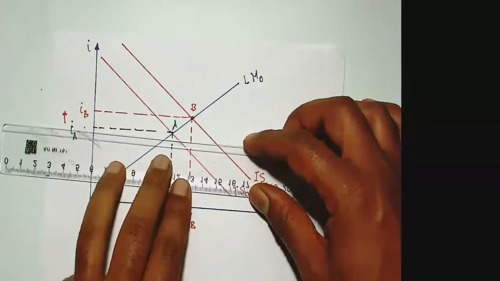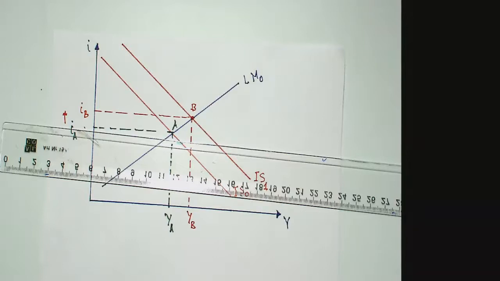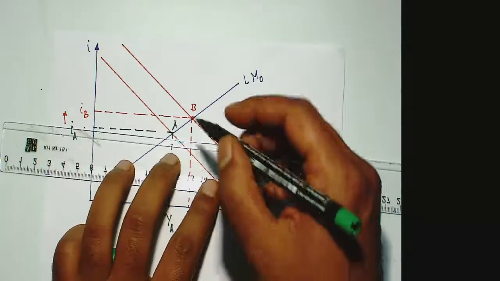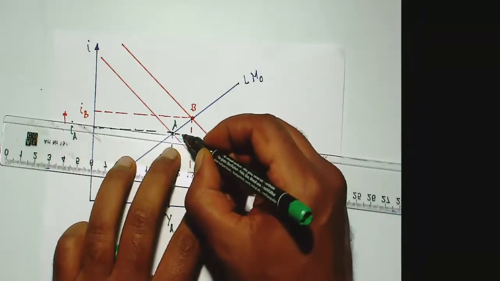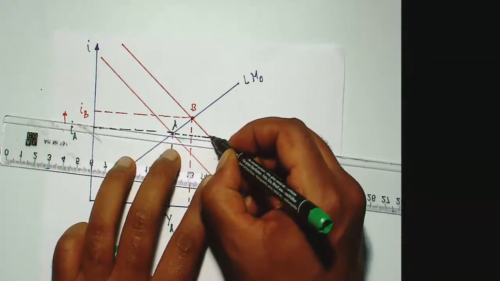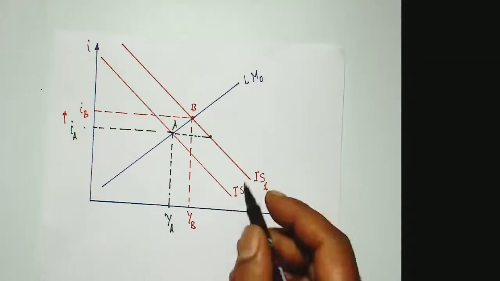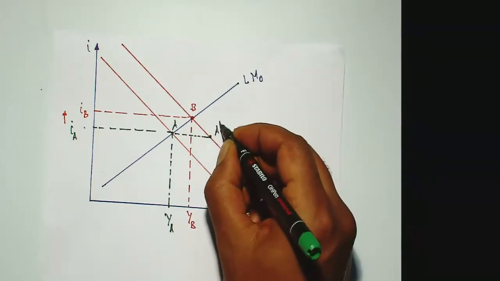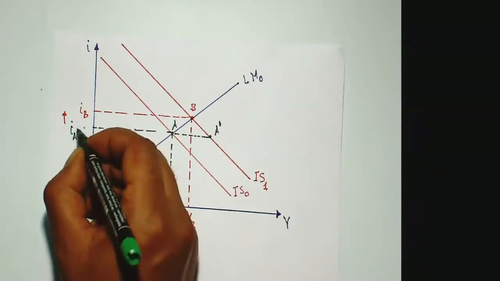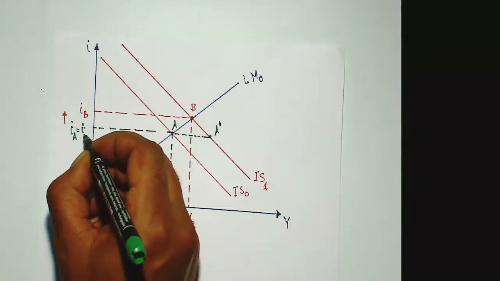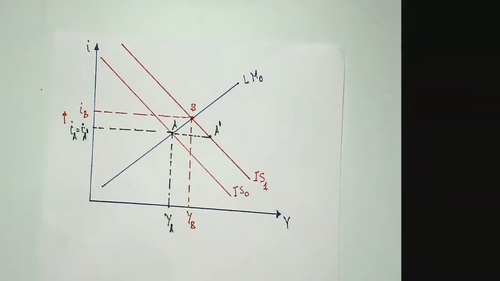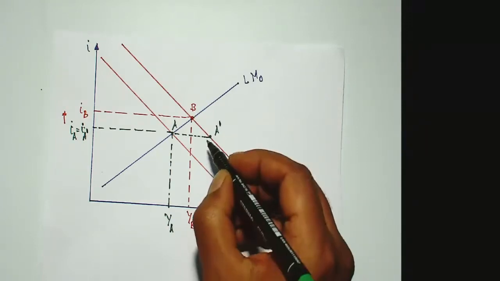To explain that, let's just keep the interest rate at point A. If we had fixed the interest rate at point A, we would have got a new point, which is A prime in our case, and we would have a new interest rate which is equal to IA, but we would indicate it as IA prime.